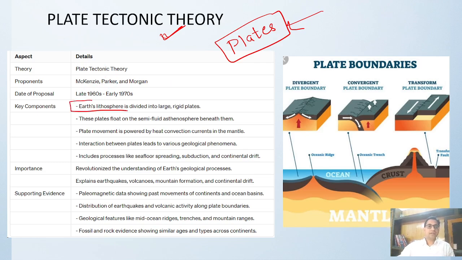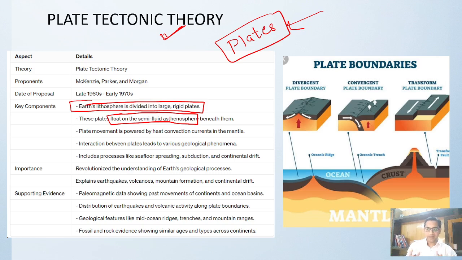The Earth's lithosphere is divided into large and rigid plates, and these plates float on the semi-fluid asthenosphere, that is the mantle. These plates keep on interacting with each other. Either they are coming together, or moving apart, or sliding past each other. So plate tectonics explains all the other theories.